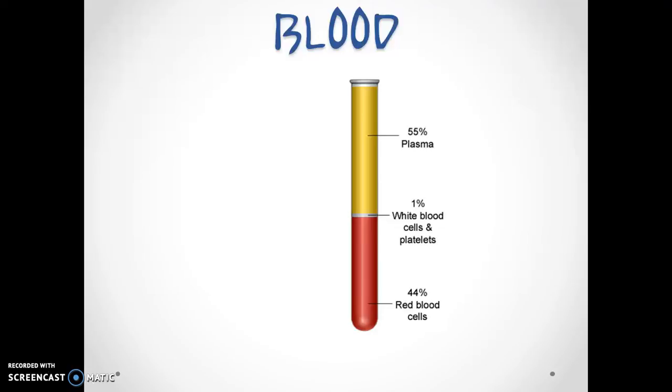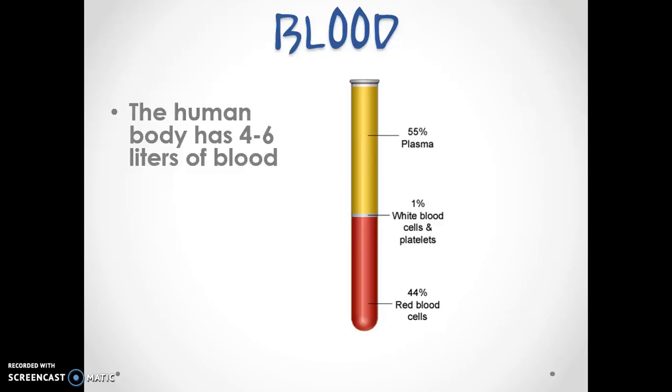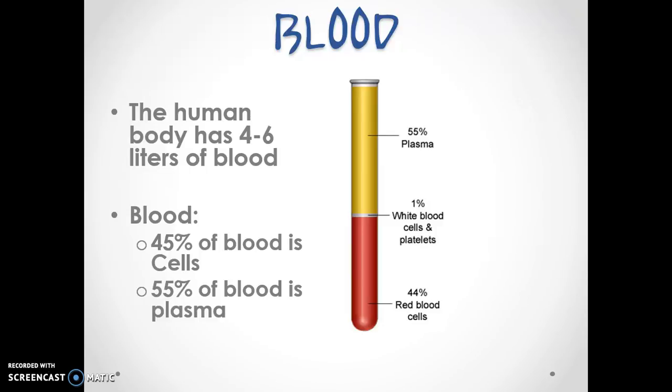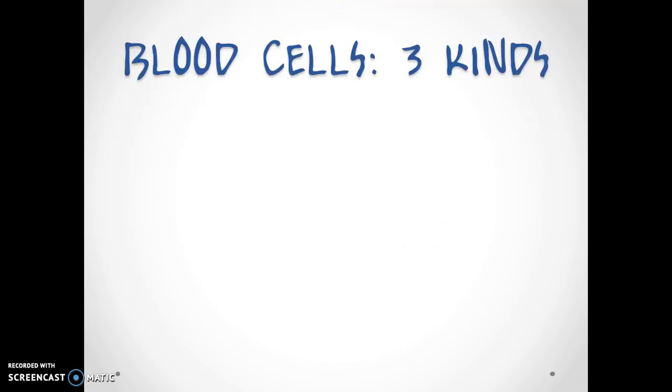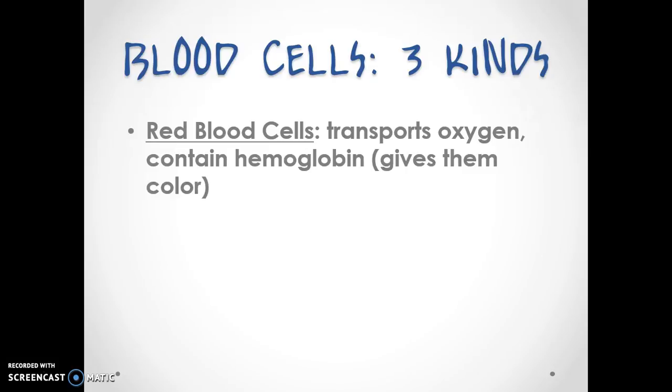And for the blood, there are different kinds: plasma, white blood cells, platelets, and red blood cells. The human body has 4 to 6 liters of blood, which consists of 55% plasma and 45% cells. There are three kinds of blood cells. Red blood cells transport oxygen and contain hemoglobin, which gives the blood its red color.